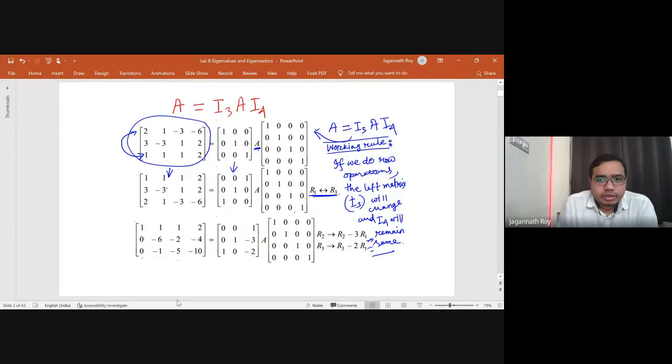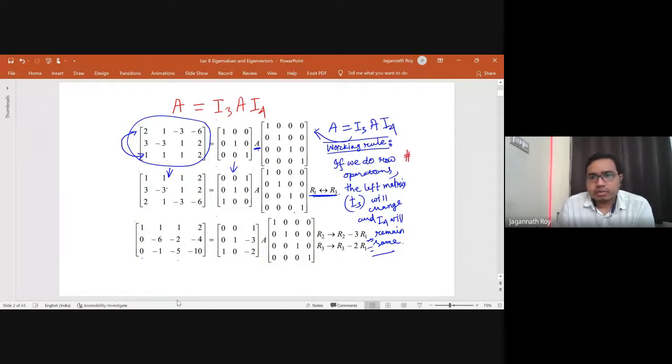The working rule that I mentioned is that if we do a row operation, then the left hand side matrix will change. So initially I have given the working process.